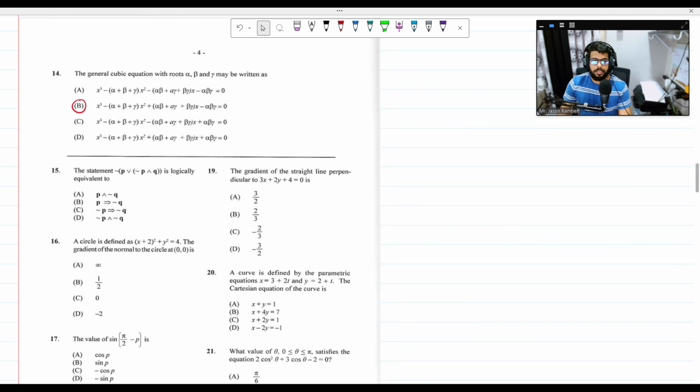Alright, our next one here, number 15. The statement this is logically equivalent to. Now, in this particular case, if you want to use De Morgan's laws, you could use it, but it's a little time consuming because we have to use, I believe, De Morgan's laws twice. Then we have to use the contradiction law and I believe the identity law as well.